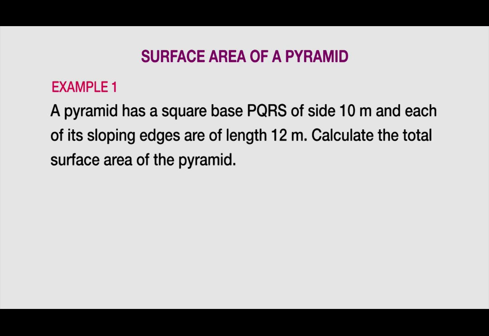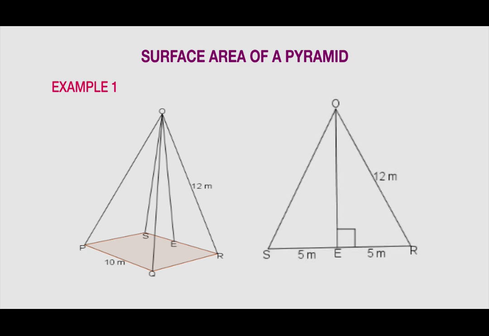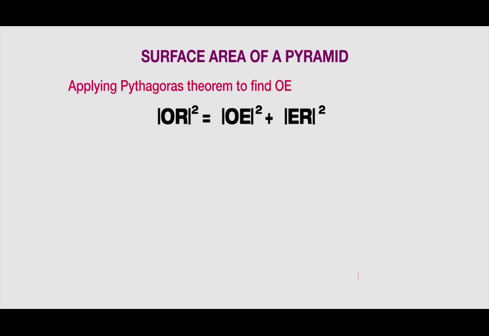Like we did in cone when we were solving problems, the first step is to try and draw your diagram. We find the area of OSR. Considering triangle OER, we apply the Pythagoras theorem to find OE. So from the triangle, we have OR squared equals OE squared plus ER squared.